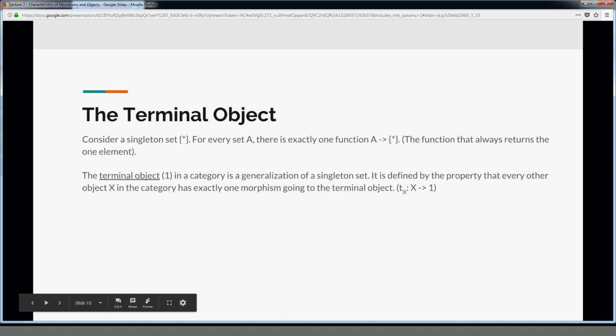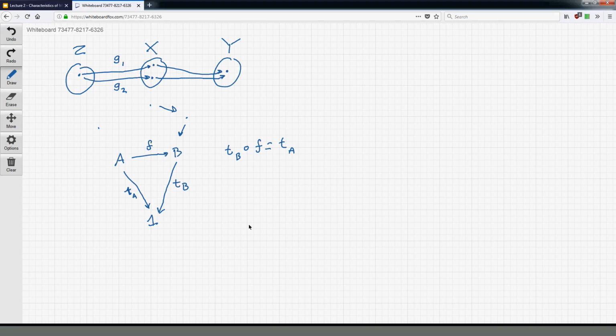And so suppose we have another object over here, let's just call it X. And there's one and only one morphism from each object to it.